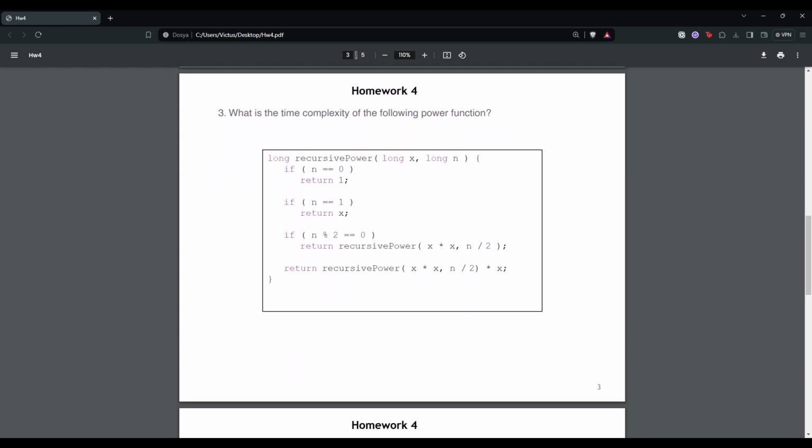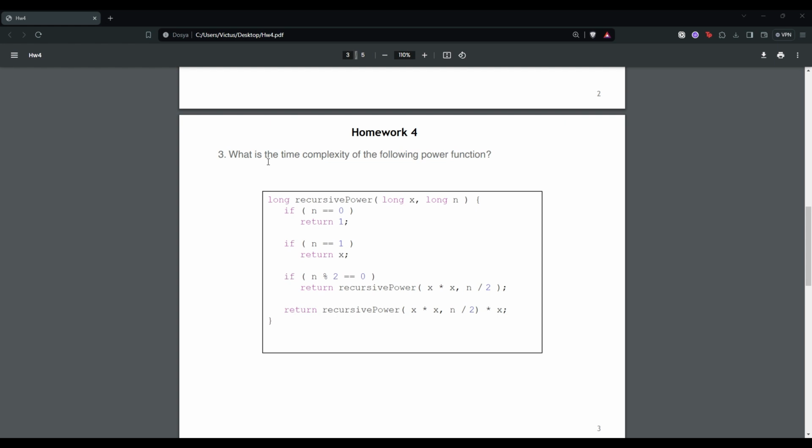Therefore, the total time complexity is O(m log n), as the inner loop runs half of m times. Yeah, this question is done. Let's continue with the third one.